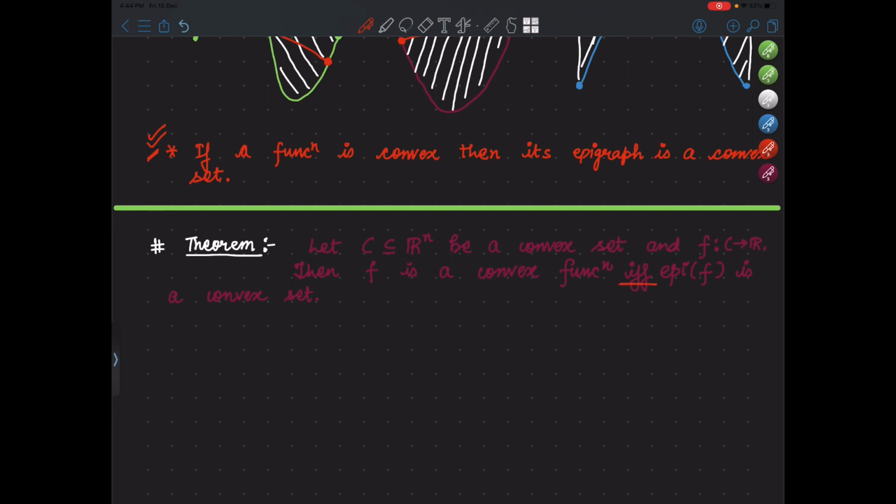So what this theorem says is that if f is a convex function, then the epigraph is a convex set, and if the epigraph of f is a convex set, then f is a convex function. So it's to and fro.